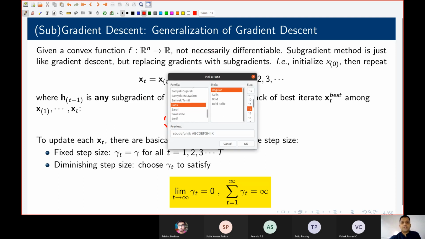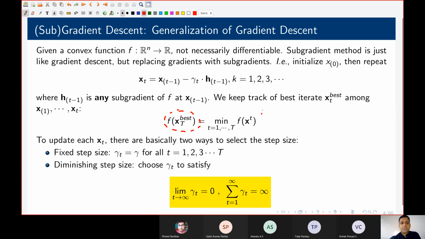Okay, so let me put that note there. So best, because we are no longer guaranteed descent.